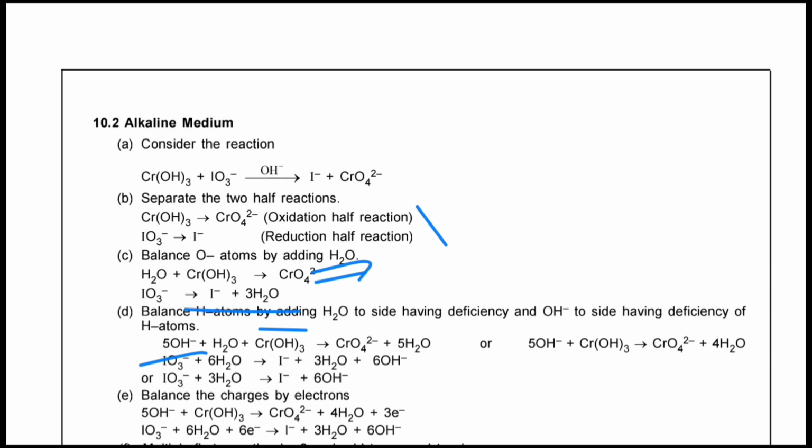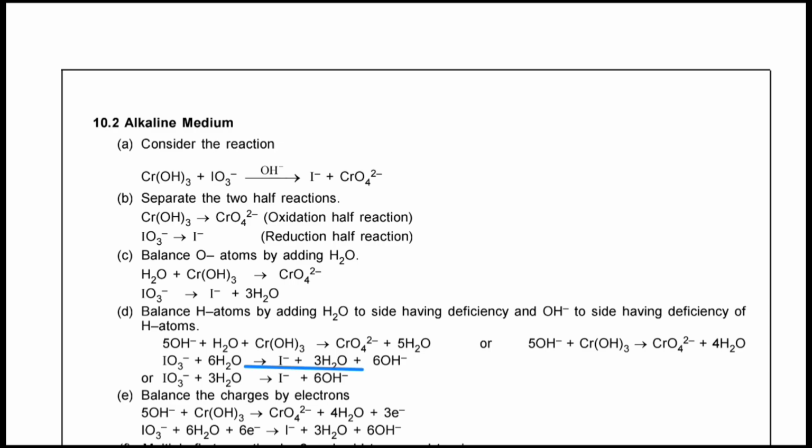Or we can write it like this, with 1 H2O here and 5 H2O here, so we subtract 1 from both sides and the equation will be written like this. And for the reduction half reaction, it will be written like this.